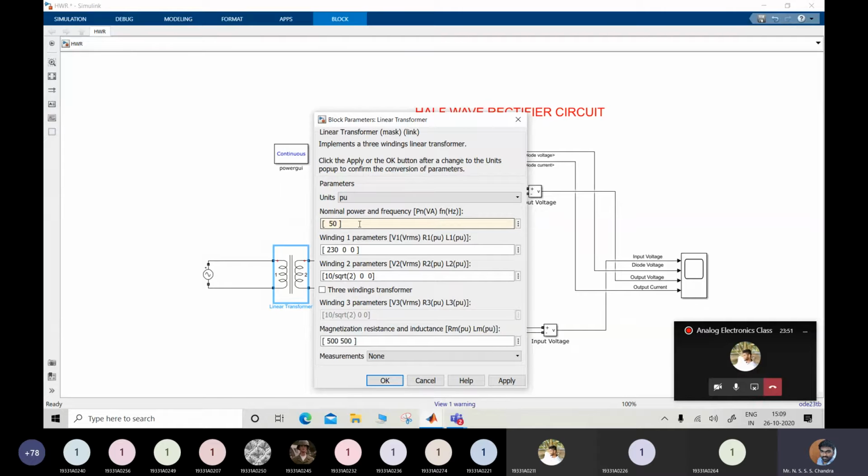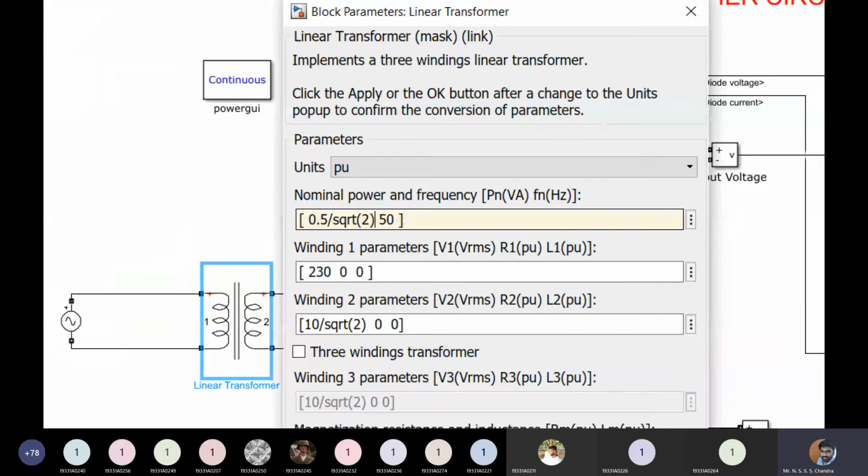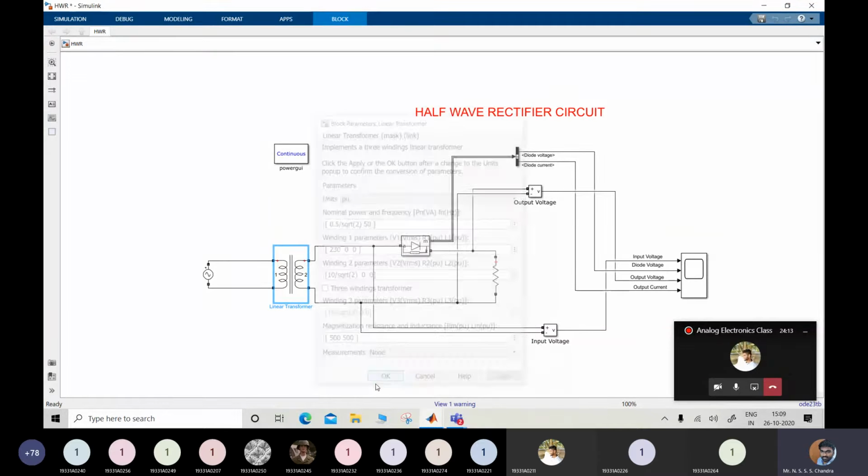So it will be 1 by 2 root 2. I will be writing it as 0.5 by square root 2. So when I am writing the nominal power value, I'll be writing it as 0.5 by square root 2. While doing the calculation, this is important.